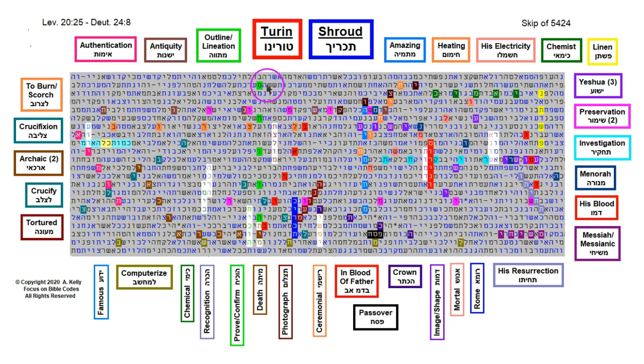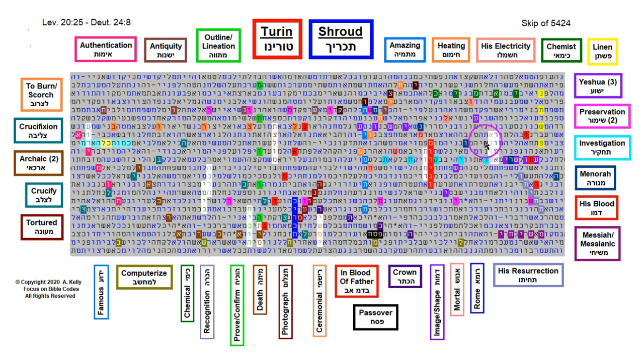Outline or lineation is in this green lettering, just to the left of the word photograph. Tortured is this burgundy lettering, going up diagonal. Crown is in this purple. And thorny, or thorn-like, is in this very dark brown, going up diagonal. And death is here, and it's sharing some letters in some other words.